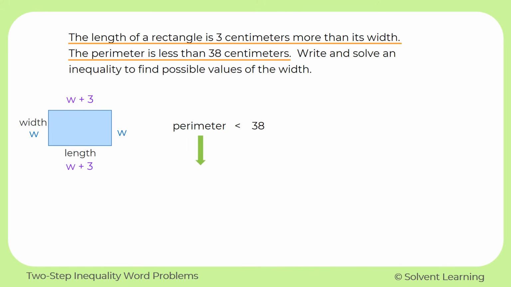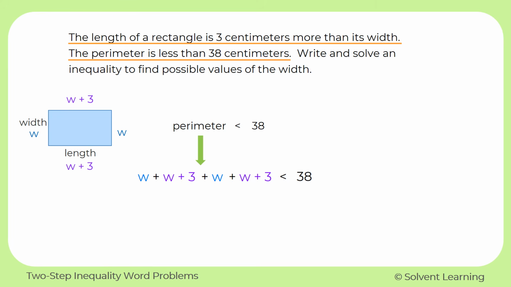So let's break the perimeter down into the sum of all those sides. The left side is W, then we add the bottom side, which is W plus 3, the right side, which is W, and the top side, W plus 3. That total is less than 38.